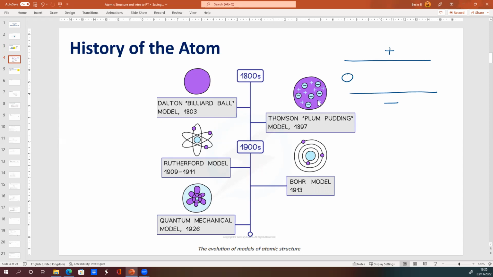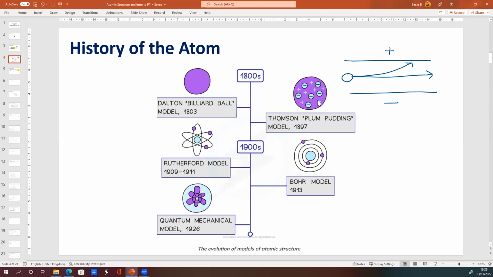If there was no charge, if they were just solid spheres, they should shoot straight through and not get affected by these charged plates. However, he found that they were deviating, traveling towards the positive plate. So he realized that there must be some charge in there, and therefore he discovered the electrons. But he thought the atom was still a solid sphere with electrons dotted within it.